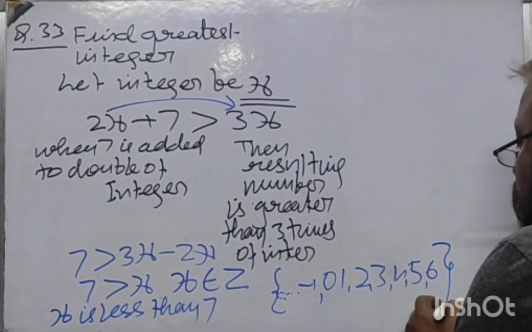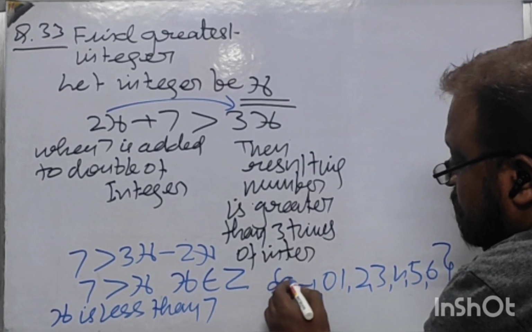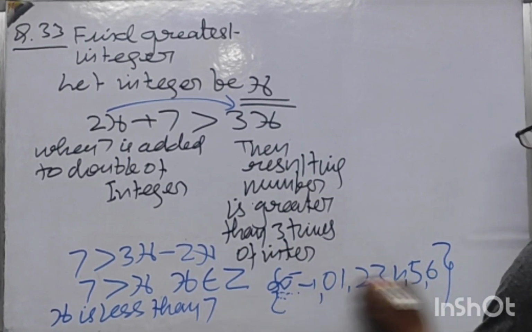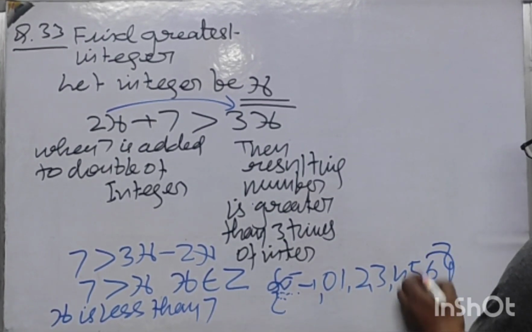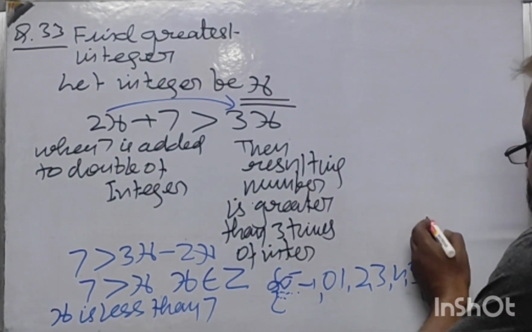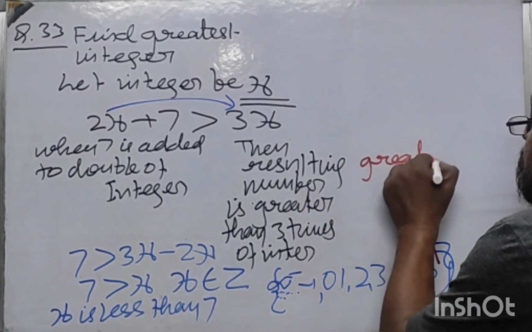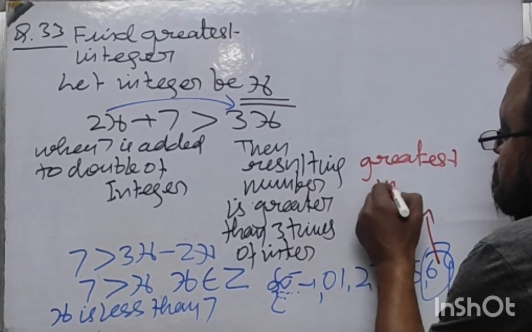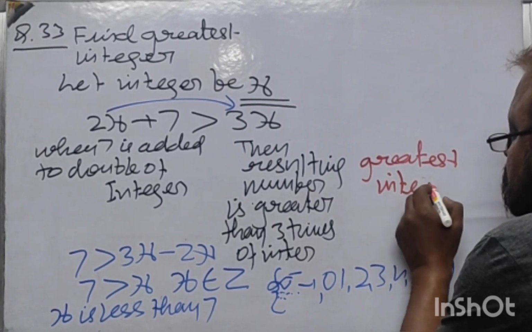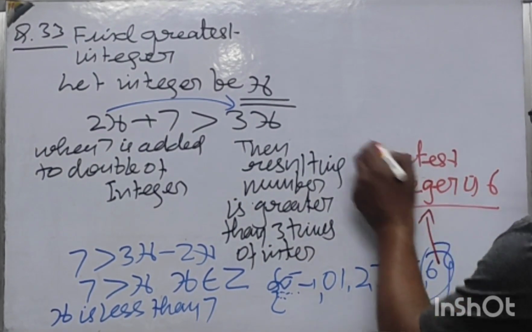Since it is integer, on the left side it is infinite, and on the right side it is bounded, so among these the greatest integer is 6. Now it is clear.